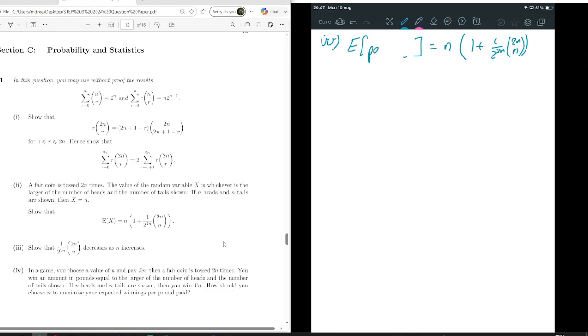That's my expected payout, how much we get off the game, but my expected winnings needs to take into account that I've paid to join the game. So my expected winnings is this thing minus n, because I'm paying n every time just to play the game. So I'm losing out on n. So my expected winnings is that, and I want to maximize that.